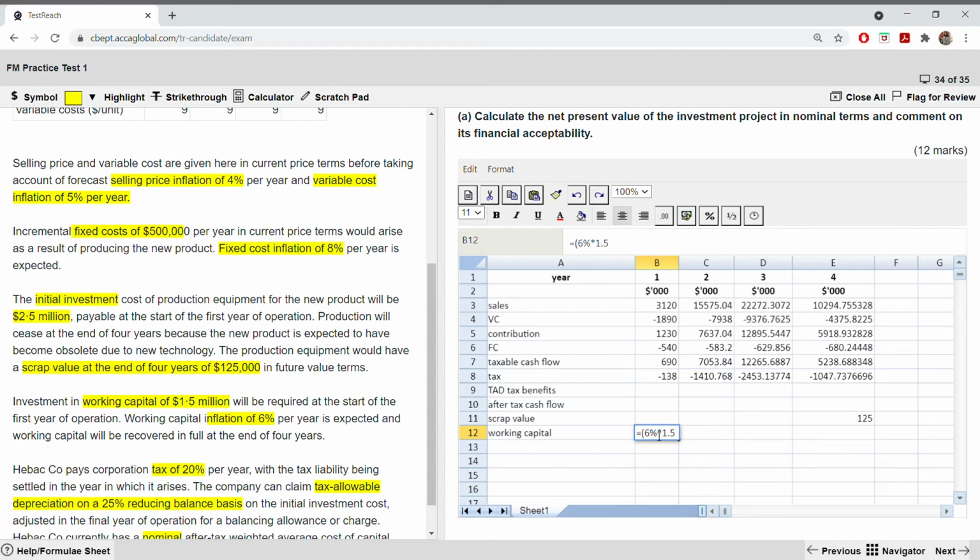If you're taking in terms of million, then drop the 3 zeros: 1,500. It's 90. So now you're going to inflate it.